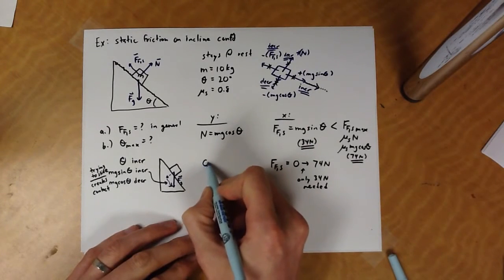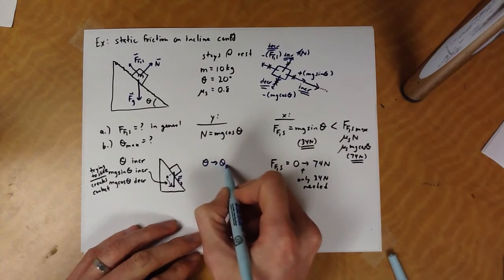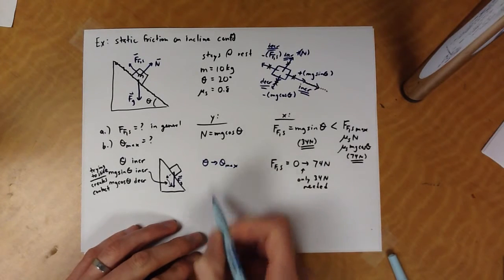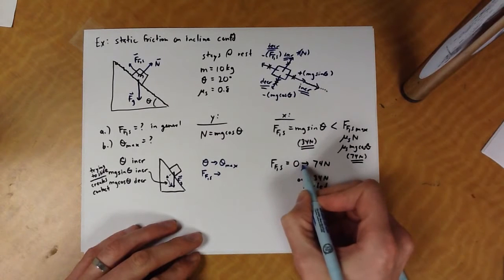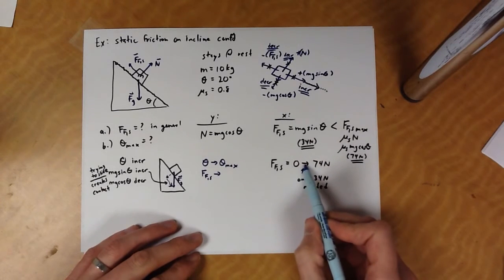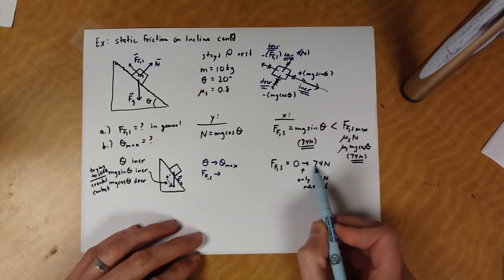When theta goes to theta max, by definition that means that the force of static friction is now not going to hang out somewhere below, as needed, easily able to cancel off the force trying to move it. We're going to have to go to the maximum value.